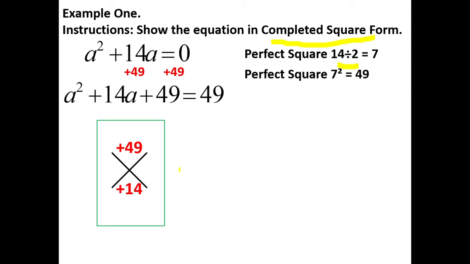We should already know in advance what the number is, because it's that 7. We knew the thing inside our factor is going to be a plus 7, because half of 14 is 7. So our two factors are a plus 7 and a plus 7. Writing it out, it's a plus 7, a plus 7.